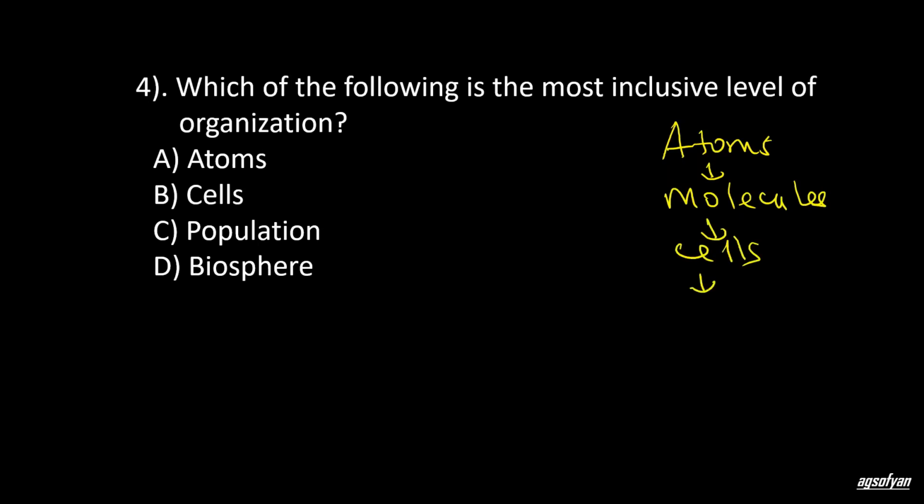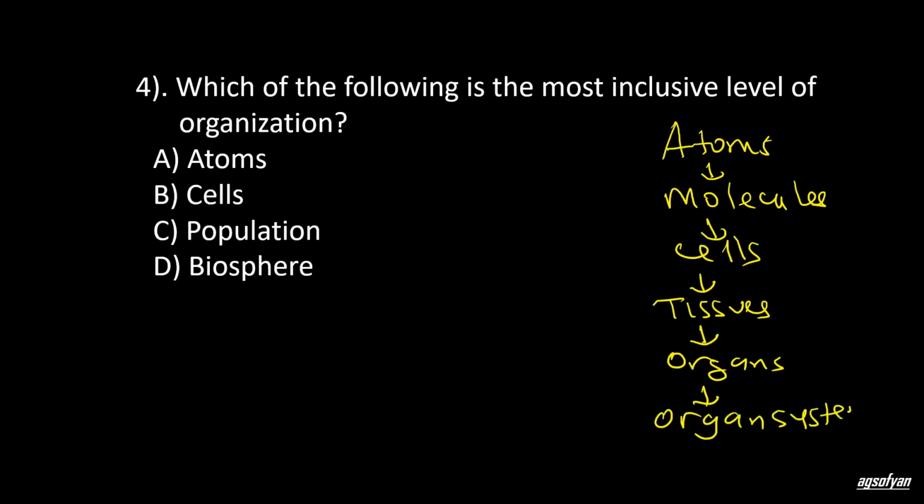Cell organized to make tissue. Tissue organized to make organs. Organs then making what we call the system or organ system. Organ system then become organism.